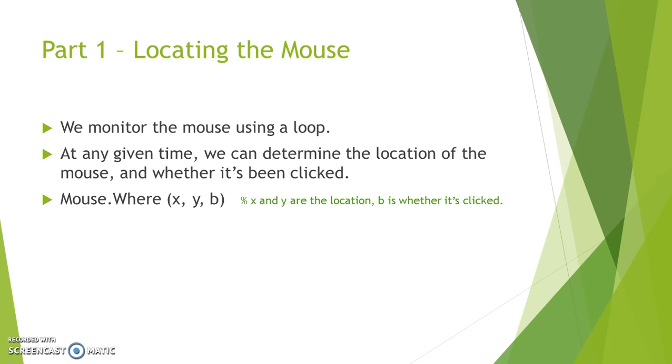And one aspect of this is the mouse.where command. Mouse.where outputs an X and Y location, and B is a Boolean indicator of whether or not the mouse has been clicked.